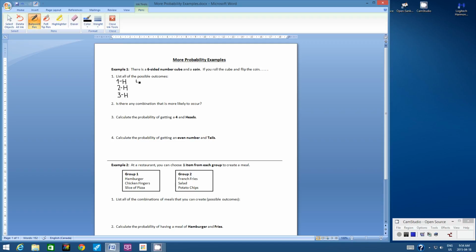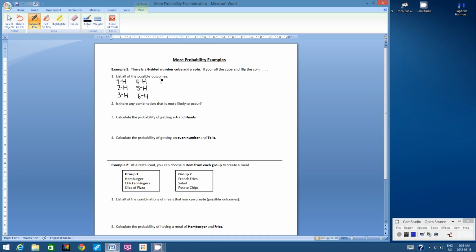Then we can roll a 4 and heads, 5 and heads, 6 and heads. Okay, so that's not all of the possible outcomes, right? That took care of the number cube and the one side of the coin. So now let's talk about the other side of the coin, tails.